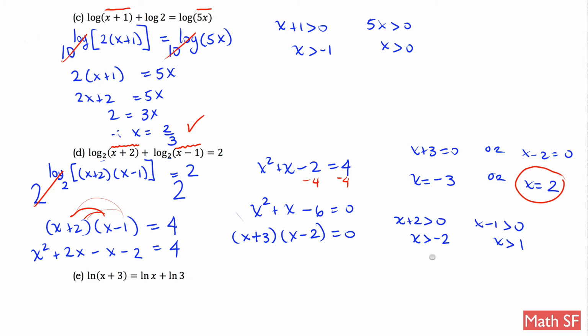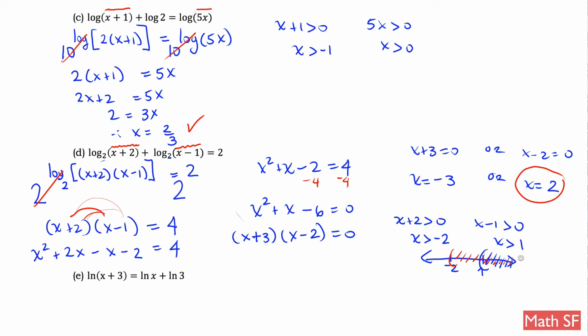Why? Let's represent this on a graph. If I have my graph here with negative 2 and 1, the domain for x greater than negative 2 is all of these here. Now with blue, x greater than 1 should be all of these here.